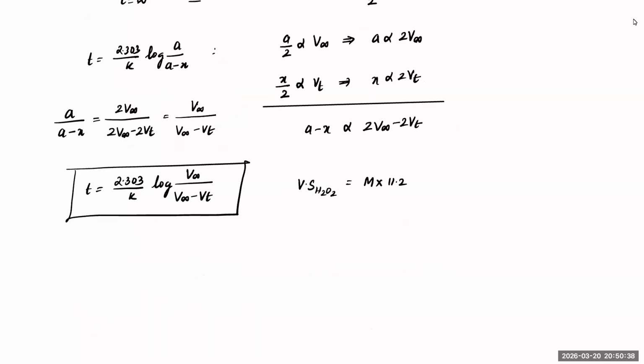So we can say, if you have volume strength, you know that A is proportional to 2Vt, which is proportional to 2 times m into 11.2. So let us put this as m naught initially, and A minus X is proportional to 2Vt, which is proportional to 2 m1 into 11.2.